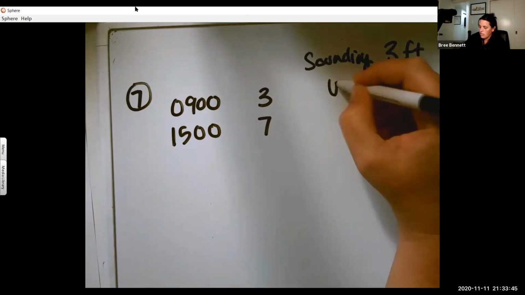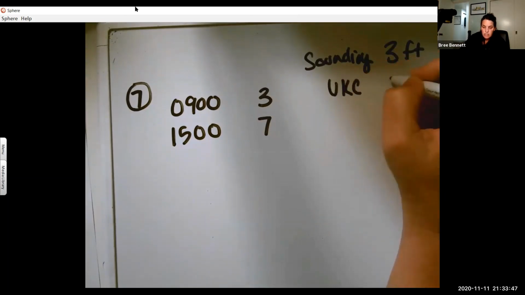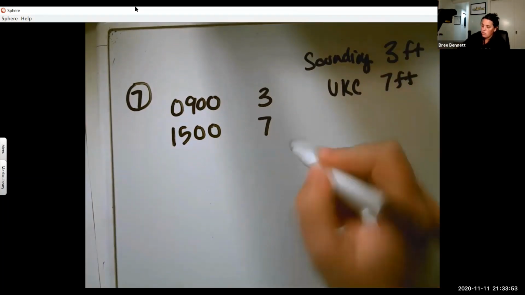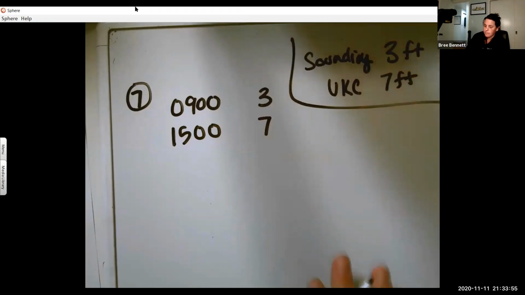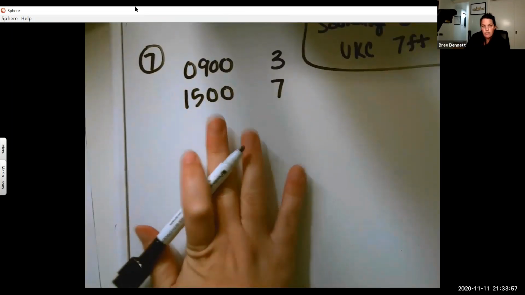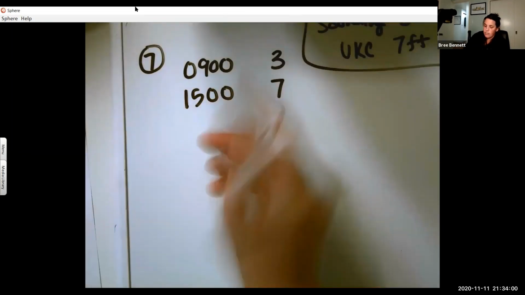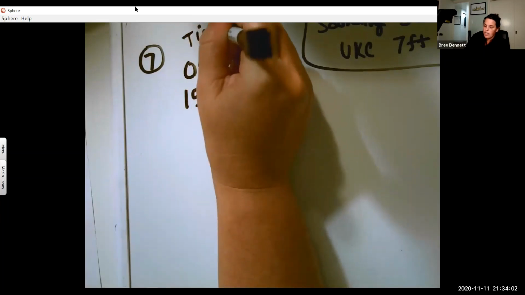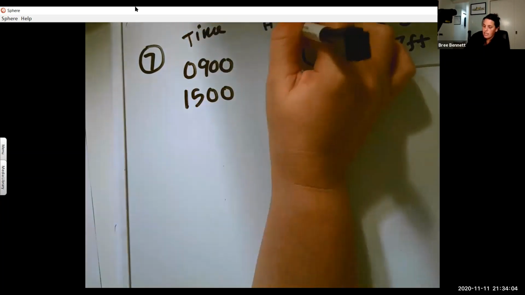Okay, so under keel clearance, or it's not necessarily under keel clearance, 7 feet. We're going to get to that section later. Let's just do our rule of 12s for this information. So our time and our height.